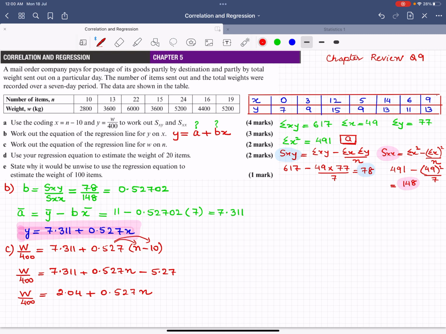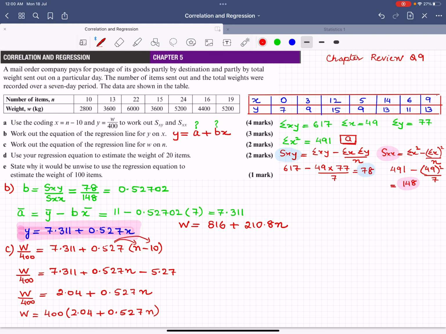Therefore, we have w is equal to 400 into 2.04 plus 0.527n, and when we work that out we get the equation of the regression line, which is w is equal to 816 plus 210.8n.